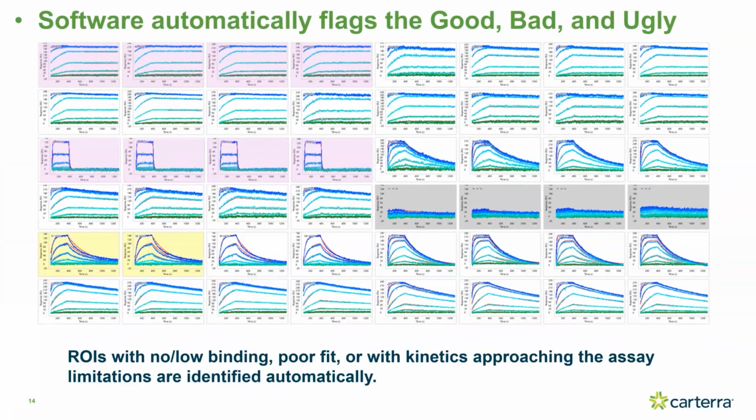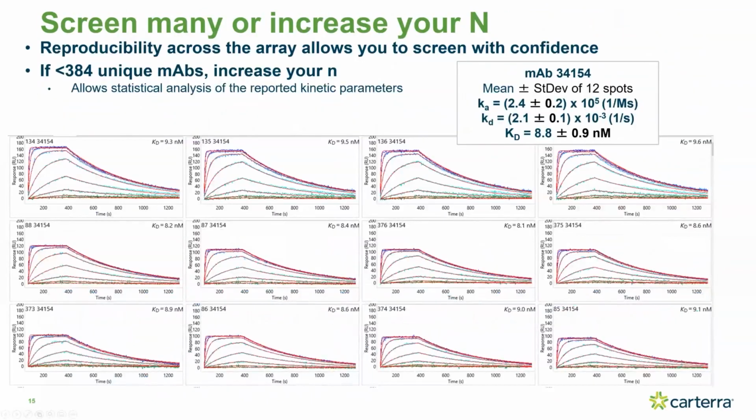So this slide shows one clone that was spotted at 12 locations on the array from 3 slightly different dilutions. And it shows that one of the powers of the array is that you can generate highly replicated data and determine very accurate rate constants based on higher confidence from these multiple replicates. Also, this shows that the data is equivalent from various locations in the array.